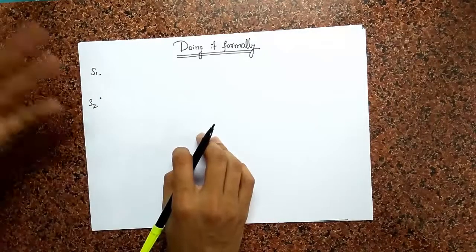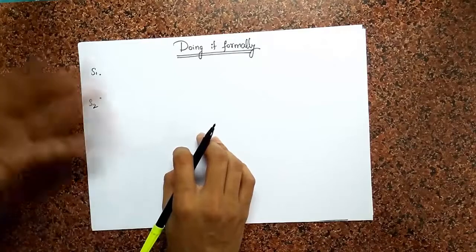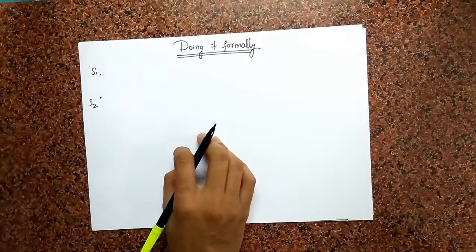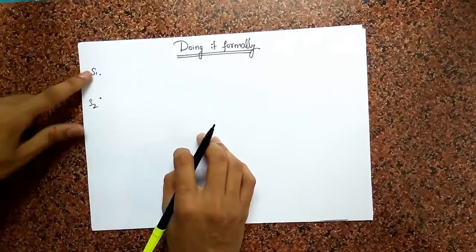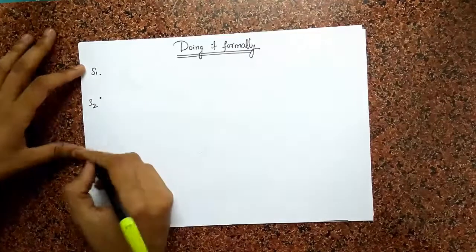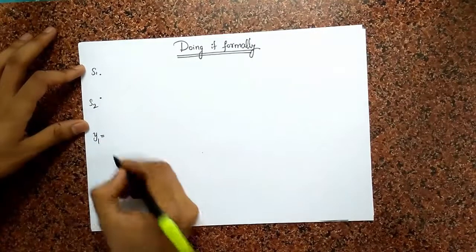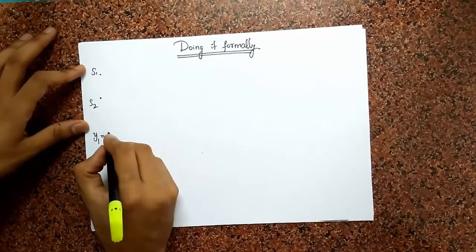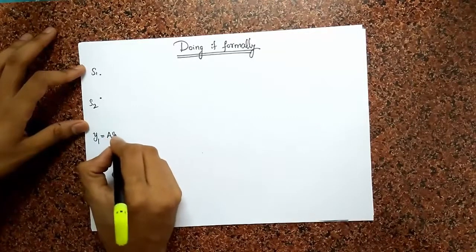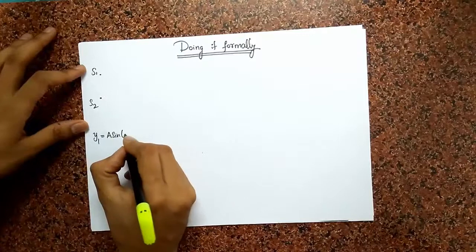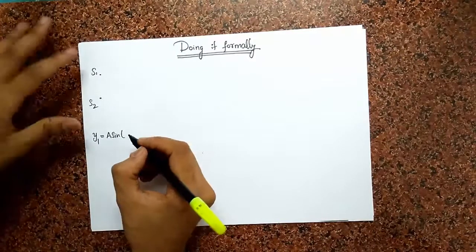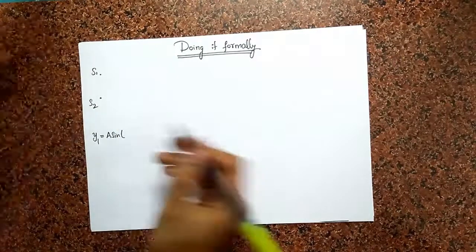Could be electromagnetic waves, could be water waves, could be sound waves, it doesn't matter, but they are waves. And so each wave can be represented, let's say, as y1 is having some amplitude A sine, something, what do we call it?